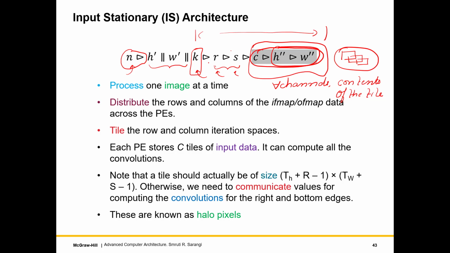And for all the output channels and their corresponding filters, once we have computed the convolutions, we would have the final output that corresponds to this tile. Because the final output for a tile is what? You take into account all the IF map, OF map pairs and their filters, do the convolutions, and then you add them. So you will get the final output for all the output feature maps. Or let's look at it in a different way.